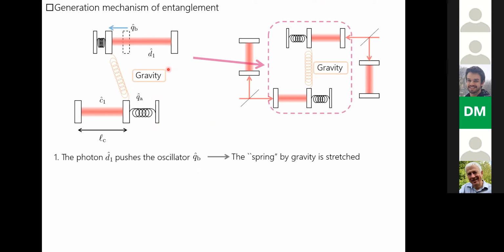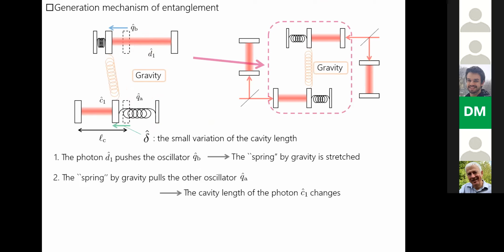First, the photon D1 pushes the oscillator B by radiation pressure. Then the spring given by the gravity is stretched. The stretched spring pulls the other oscillator A at a separated position. This leads to the small variation delta of the cavity length of the photon C1.